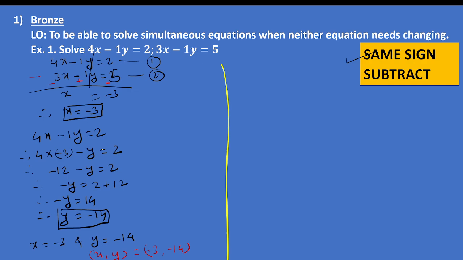So to verify it, I'm just going to change my ink. Let's use this color. Okay, so my x is what? X is minus 3 and my y is minus 14. So I'm going to use this value in any one of these equations.